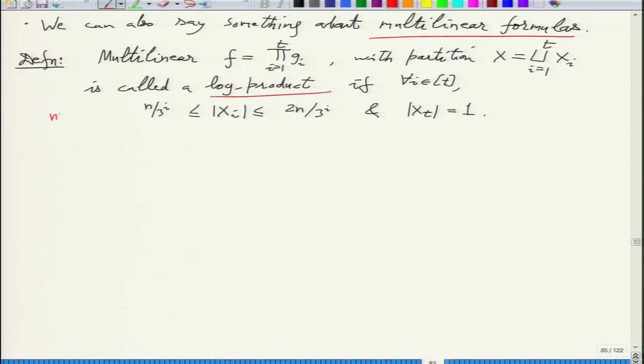Okay, n is the size of x, as always. So that's a log product.